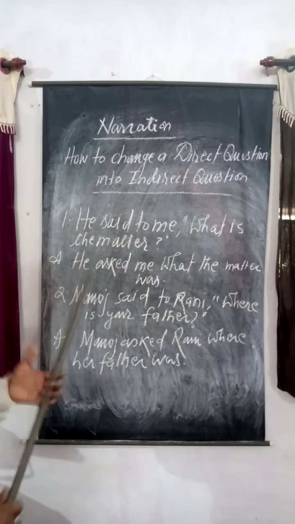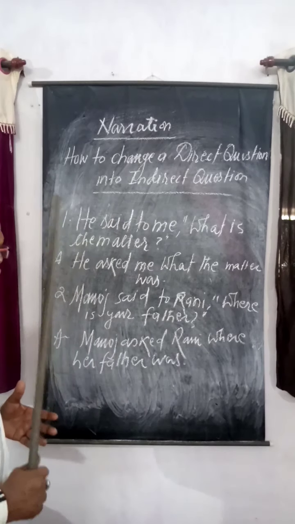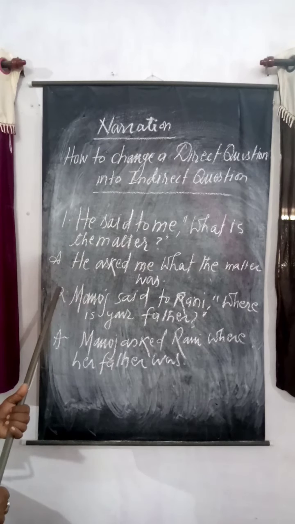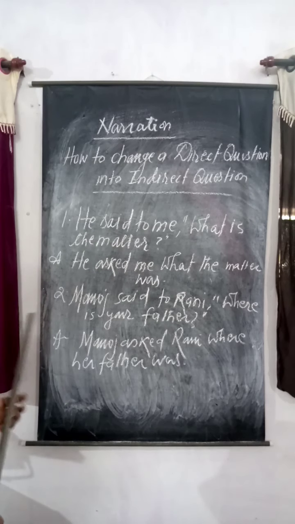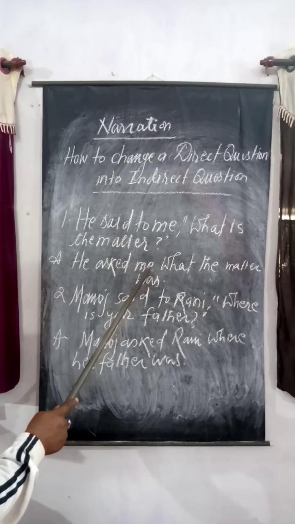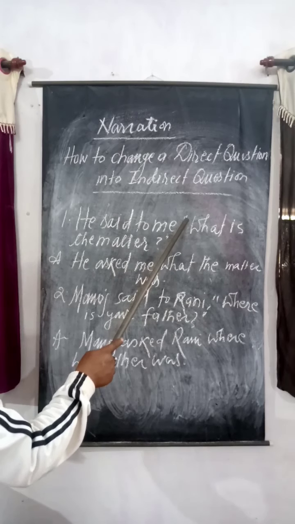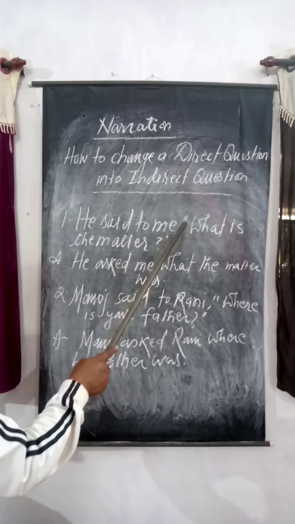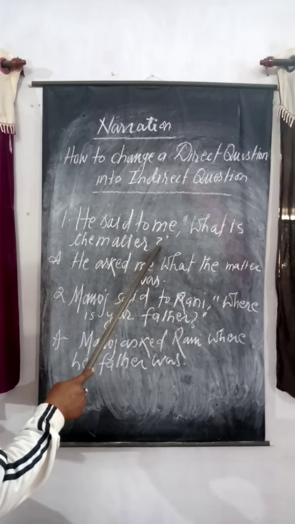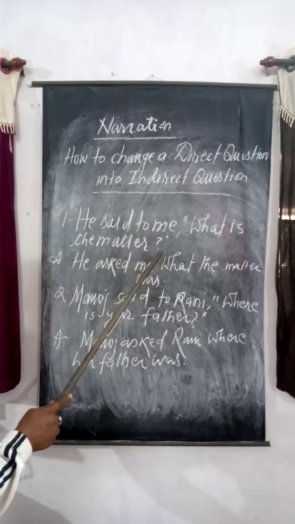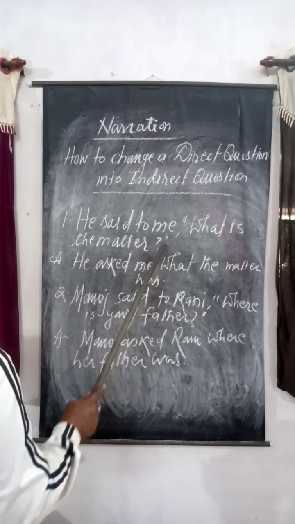Now, if we go through the answers thoroughly, you will notice we can find out some of the rules. For example, you can see in the answer part there are no comma or inverted commas, and you can't see a question mark.